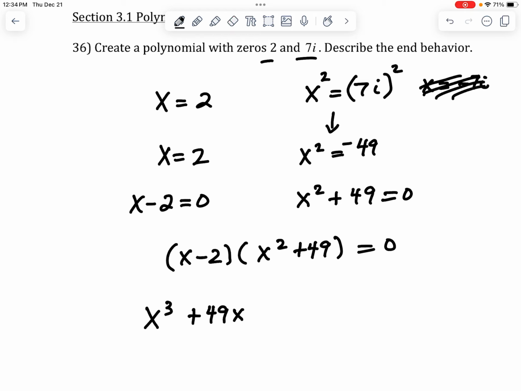And now distribute the negative 2. So we'll have negative 2x squared minus 49 times 2 is 98. And then that is the function.